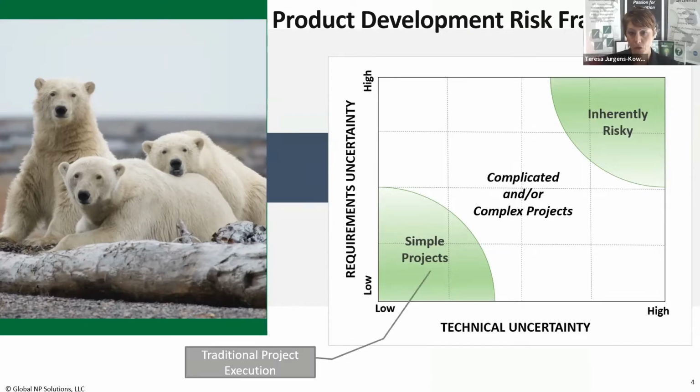We often use traditional waterfall, staged and gate product development processes for those simple projects. It does not mean they cannot be very sophisticated. Building a refinery is a very sophisticated project, but you know what you want to do and how to do it, so you can use a waterfall methodology.